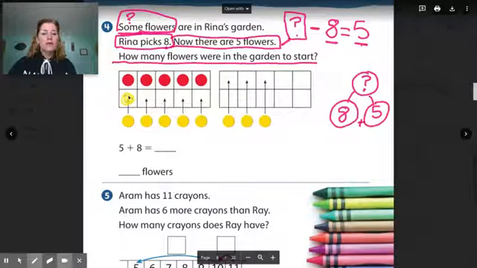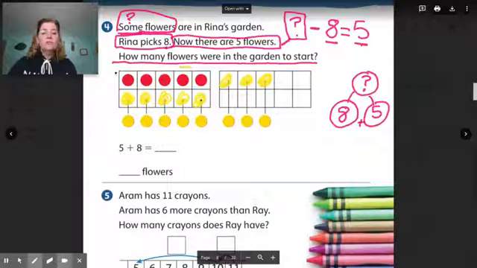Now remember, I have to make a 10 to add, so I have to finish this 10 frame. 1, 2, 3, 4, 5, 6, 7, and 8. Nice job. So if these are the flowers that were left, and these are the flowers that Rena picked, how many did she start with?